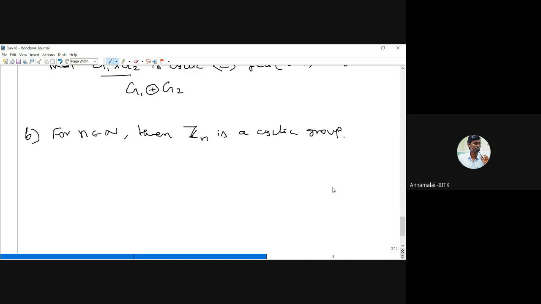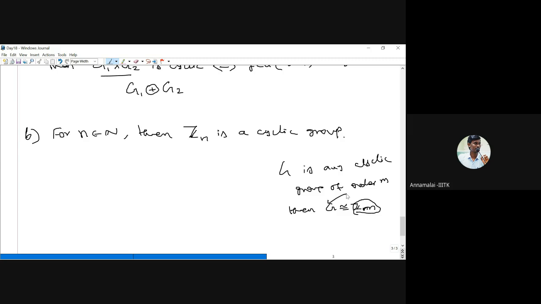Therefore, up to isomorphism we have only one finite cyclic group of order n, namely Zn. Suppose G is any cyclic group of order m, then we can view G as isomorphic to Zm. So up to isomorphism, only one finite cyclic group of order m, namely Zm. If you take any other cyclic group of that order, it is isomorphic to Zm.